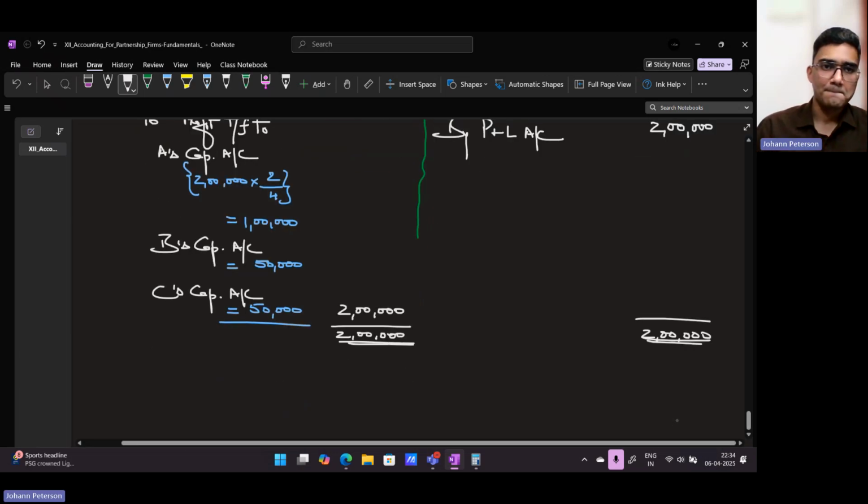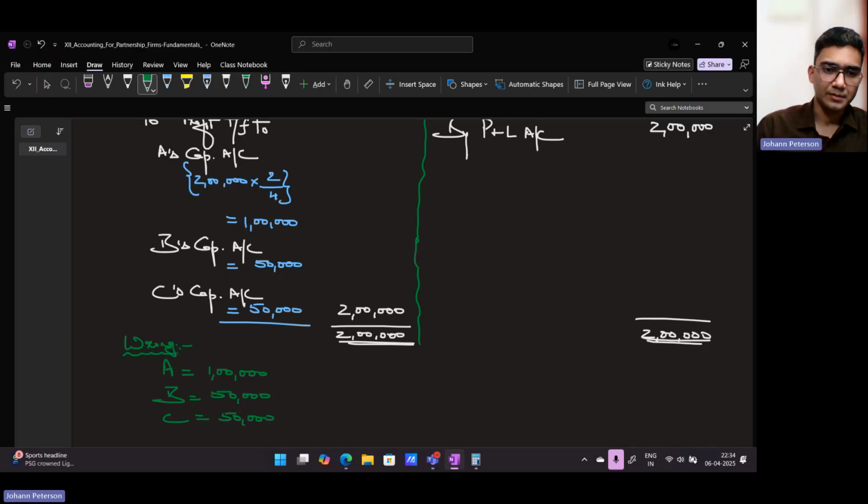So what was happening? In this case, A is getting 1 lakh, B is getting 50,000, and C is also getting 50,000. This is the wrong way, right?